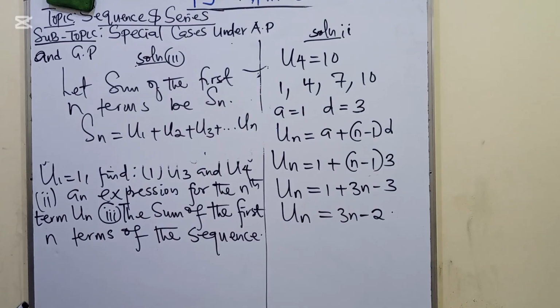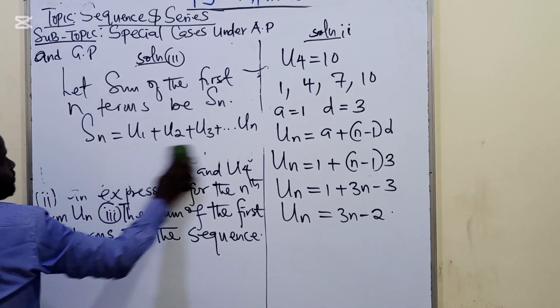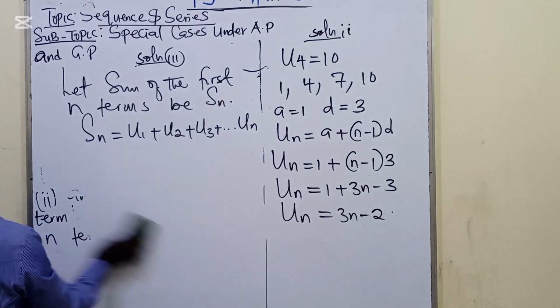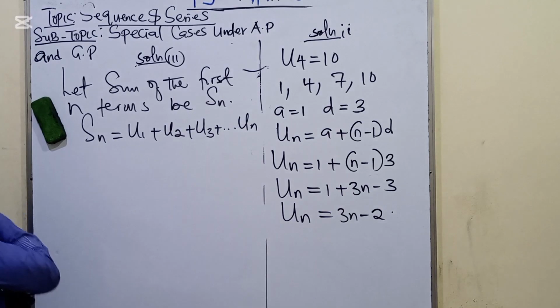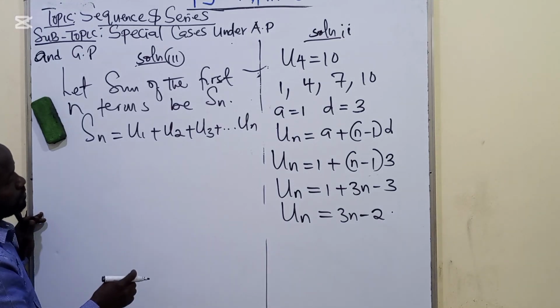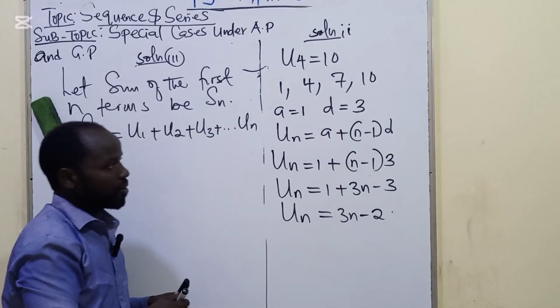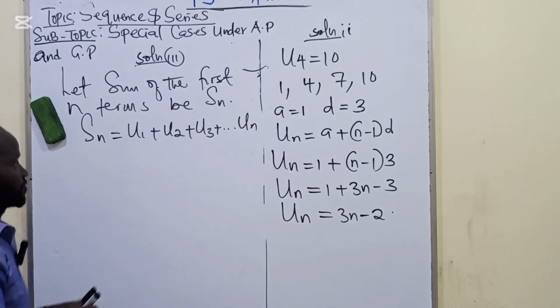Very important, up to the nth term. Let's work on this to see what we'll get. Let's substitute. We know our first term, our second term, and our third term, respectively.